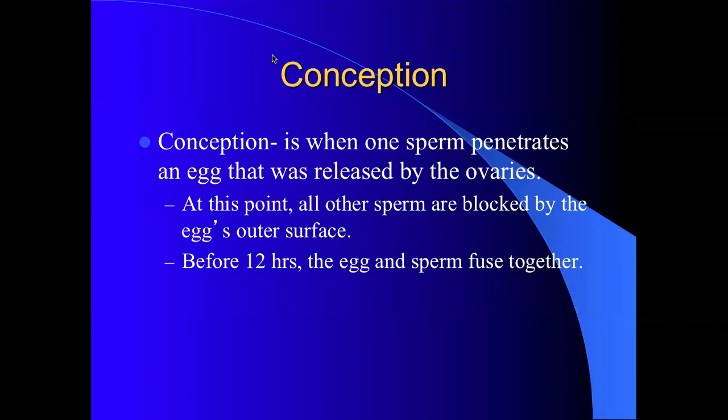Can anyone also think of another scenario where you're very likely to have twins, particularly fraternal twins? In vitro fertilization? Right on. Good job, Leah. In vitro fertilization is the case, right? Because what's going to happen is that they're going to take several eggs and fertilize them with sperm, and then they're going to implant them.